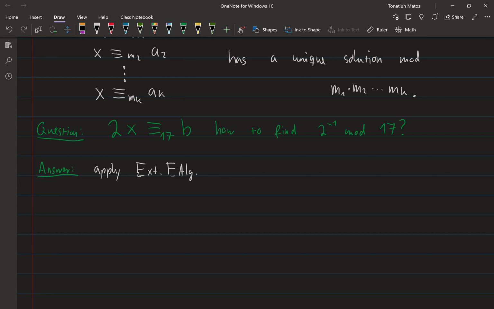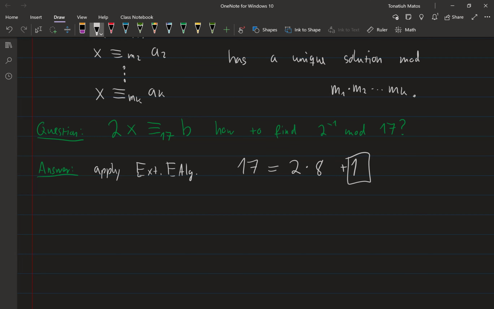But let's do this in a lot more generality so that I answer the question. So how do we find the inverse mod 2? According to the procedure I described, you take the number 17 and divide it by 2. So this should be 8, which is 16 plus 1. And oh, I'm already done, right?